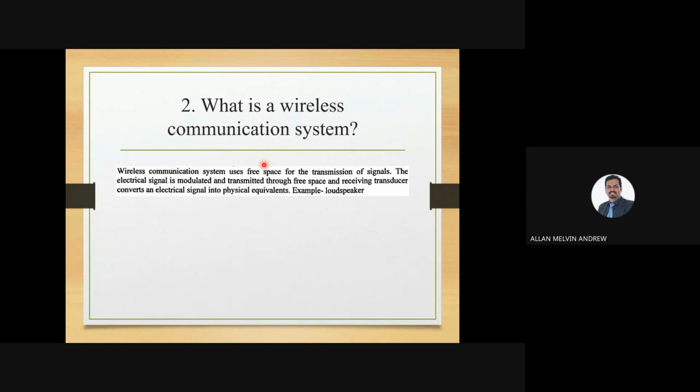It can be between buildings, between cities, or in the skies, like satellite communication. So you can have wireless communication systems in various settings, and you can explain all that. The main thing about a wireless communication system is that you are using free space.